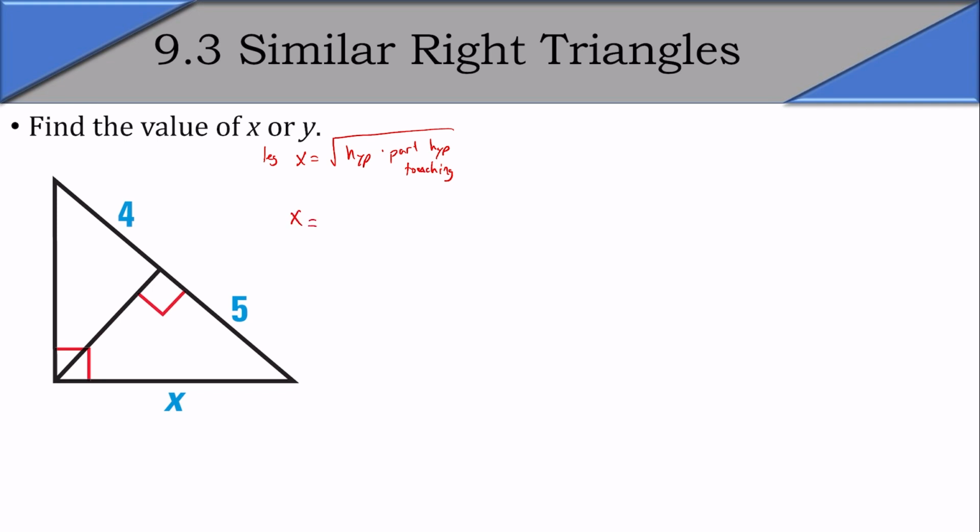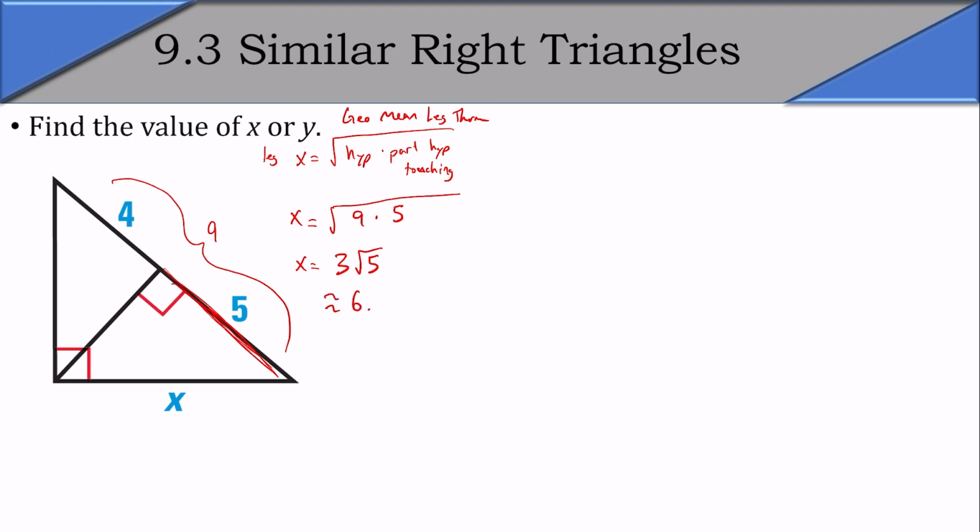So we'll have x, the whole hypotenuse is 4 plus 5, or 9, and the part of the hypotenuse touching my leg is 5. This is the geometric mean leg theorem. So the square root of 45 is 3 times the square root of 5, or about, if you put it in your calculator, 6.7.